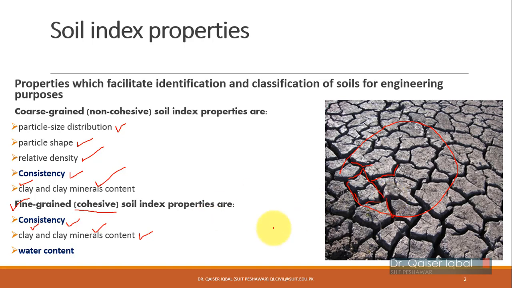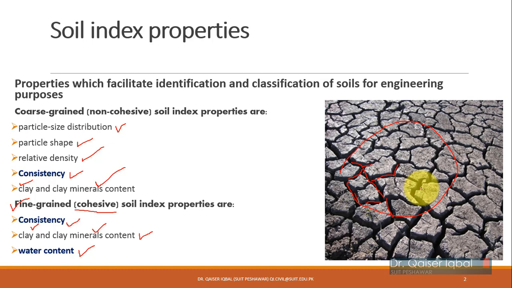Then the next property which is very important for a fine grain soil is moisture content or water content. You can see over here as well, upon drying this clay soil, it has developed all these cracks. The volume change has occurred. Similarly with moisture content, with the water content, its consistency will also be affected.